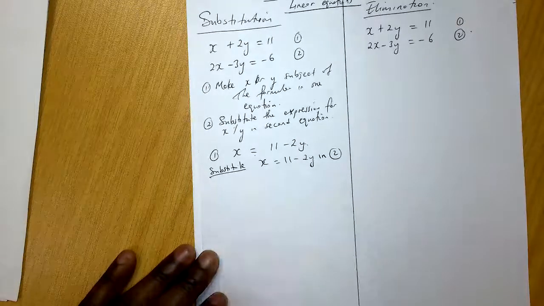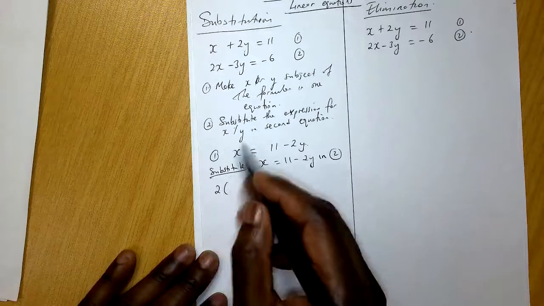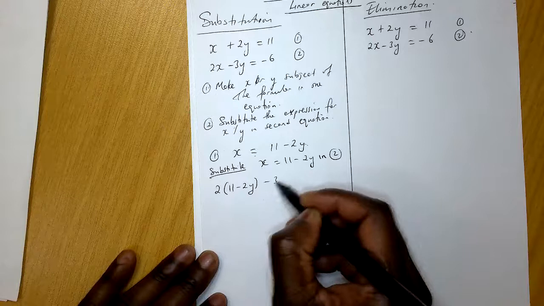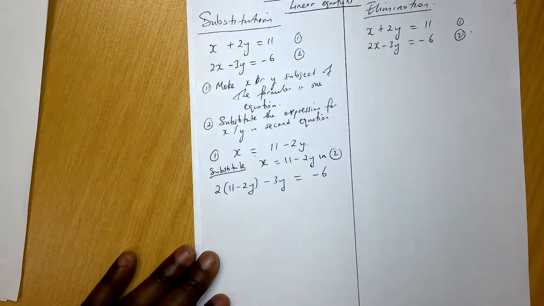That's what you're doing. We're going to say 2 times 11 minus 2y, minus 3y is equal to negative 6. That's equation 2 there.